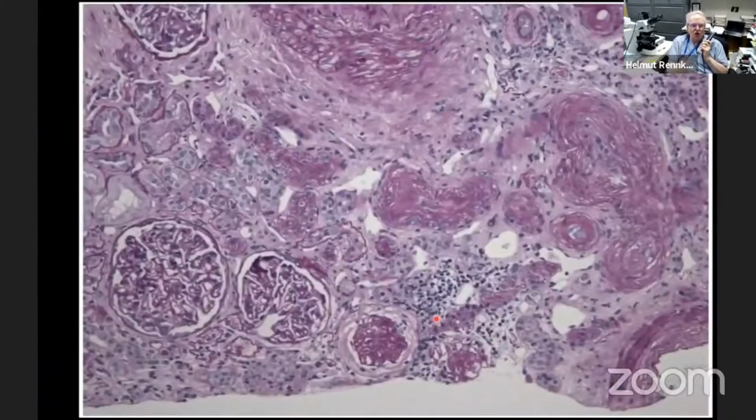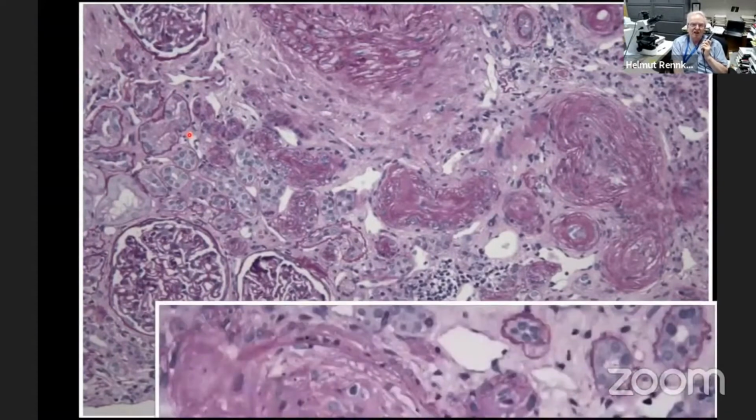So let me show a classic case with bad vascular disease, and here you can see the evolution of remodeled capillary walls to hypoperfusion to global sclerosis, eventually to complete disappearance of this. In the background of course, significant vascular disease.